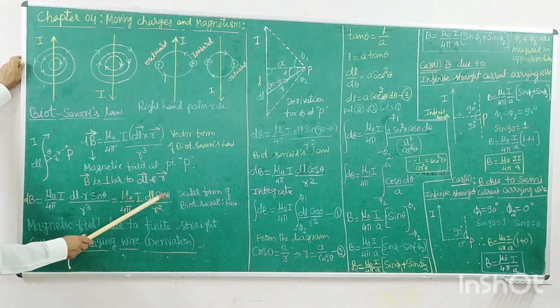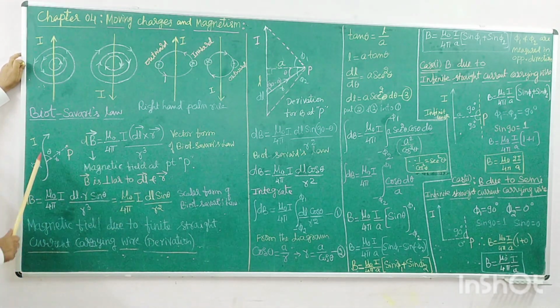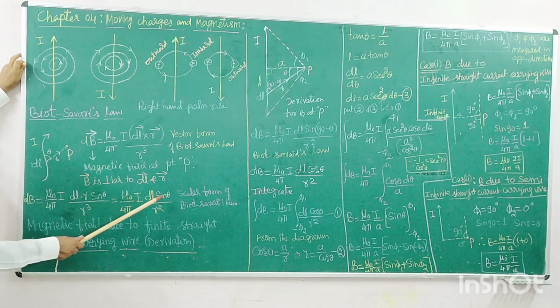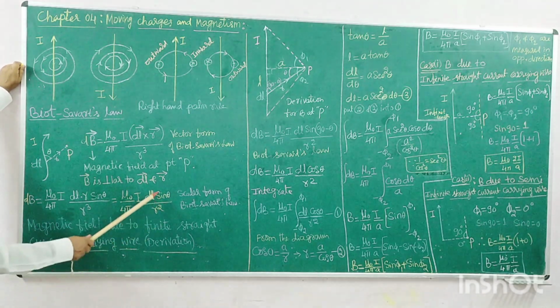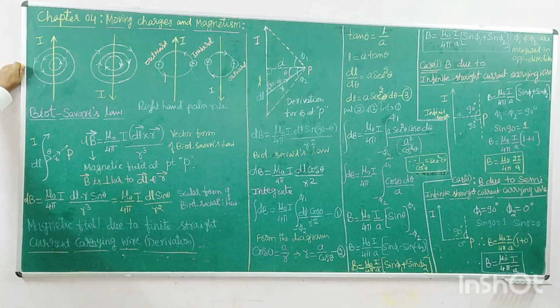If theta is 0, the magnetic field is 0 at any point on the conductor. If theta is 90, perpendicular, the magnetic field is maximum with this angle. That is the scalar form of Biot-Savart's law.